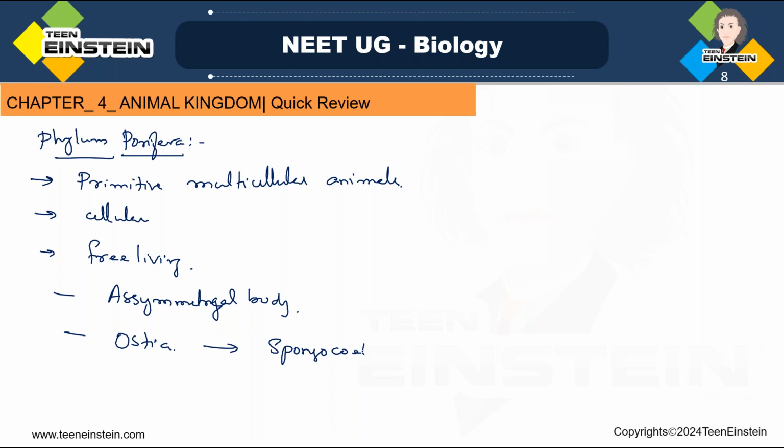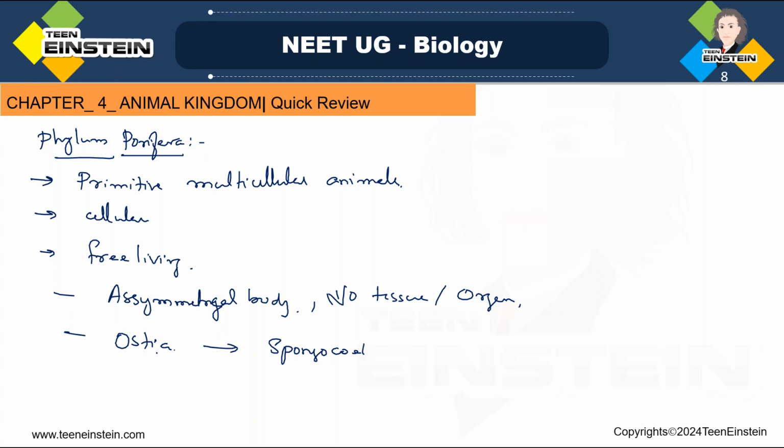So through the system of canals, this is connected. The body is asymmetrical, and it doesn't have tissues or organs, but it has a large number of incurrent pores, which are called ostia.